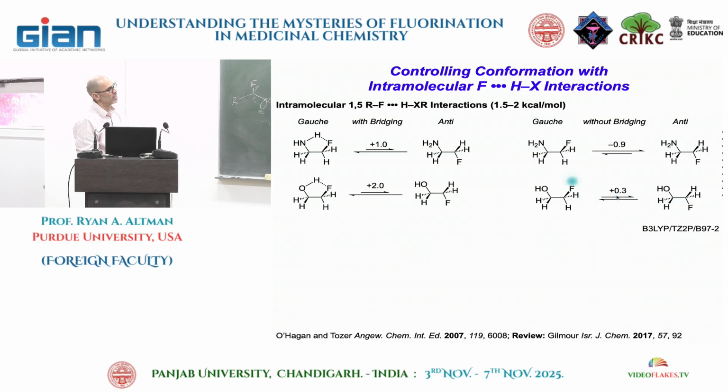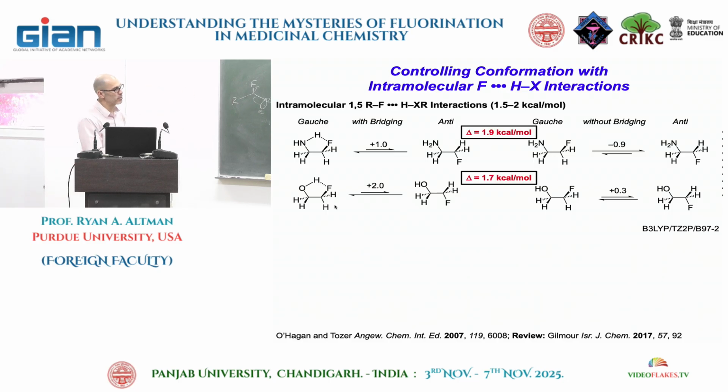When we disallow intramolecular hydrogen bonding, we'll get a 2 kcal per mole preference for the gauche interaction when we also have the intramolecular hydrogen bonding occurring also. Okay, so we can control conformation. Again, in this model system, you only have HHHH, but in a drug, or medicinal agent, or biological probe, you can have other things dangling off the molecule and making interactions with your target.